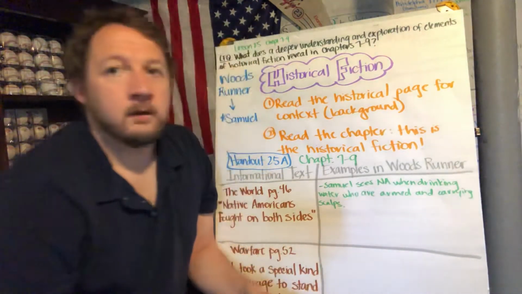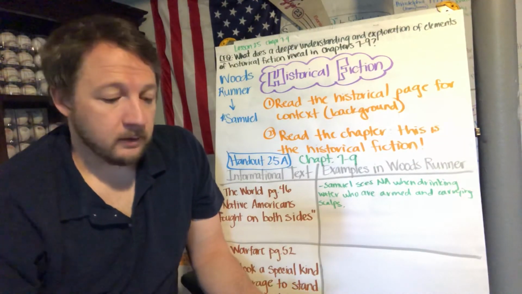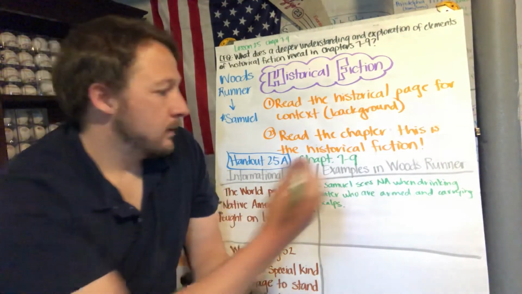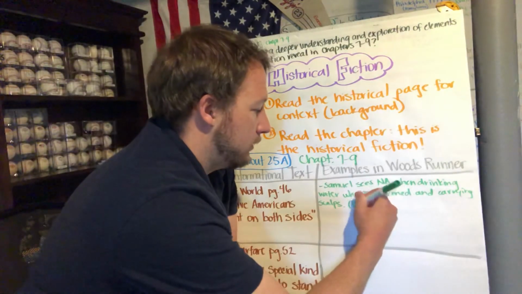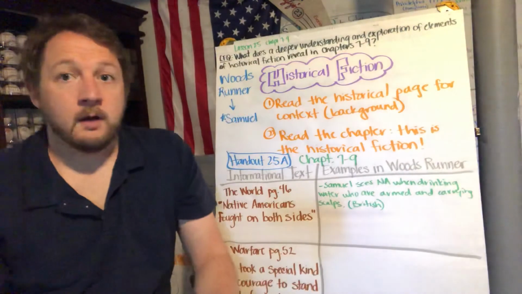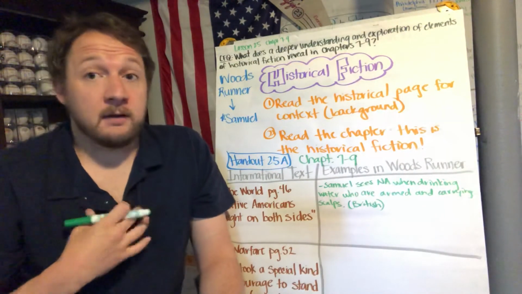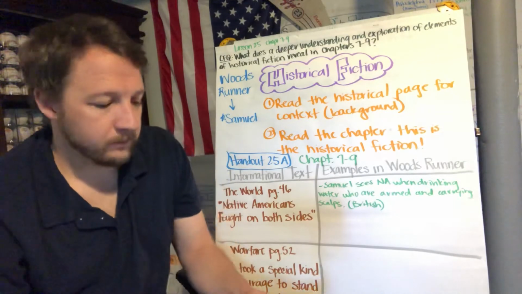Now, it doesn't say which side they're fighting for, but if they are carrying these fancy guns, that shows me they're fighting for the British. And obviously, Samuel can tell, and since he gets so angry, he can tell that they're fighting for the British as well.